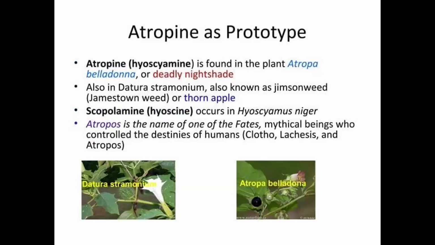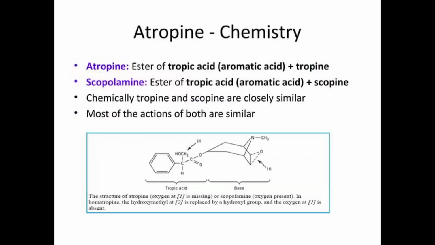Next, atropine. It is found in the plant Atropa belladonna or deadly nightshade. Similarly, it is also found in datura. I have seen datura poisoning in clinical practice. Scopolamine is found in Hyoscyamus niger. Now, chemistry. Both are esters: tropic acid, an aromatic acid, plus tropine, and tropic acid plus scopine.